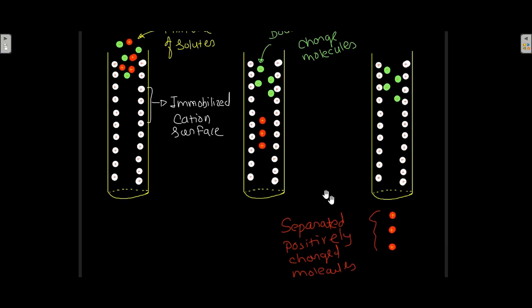Another thing is that the positively charged molecules got eluted. Now you have to elute the negatively charged molecules. How will you do that? They are bound there. So let's see how you will do that.